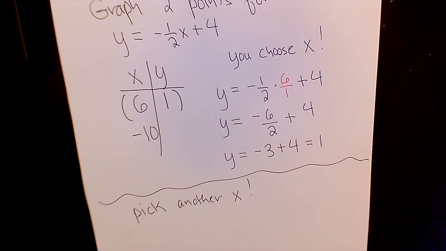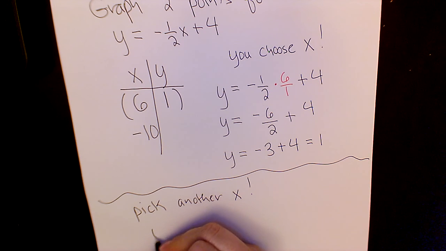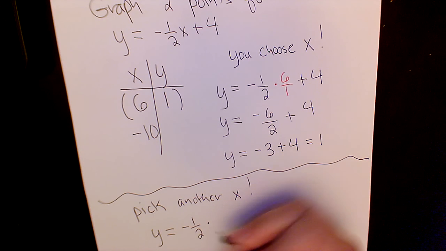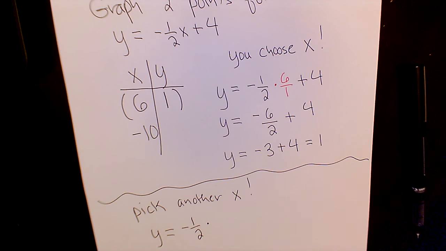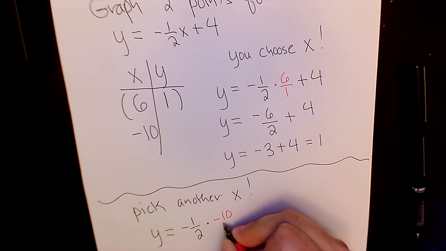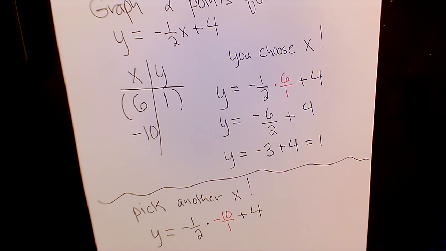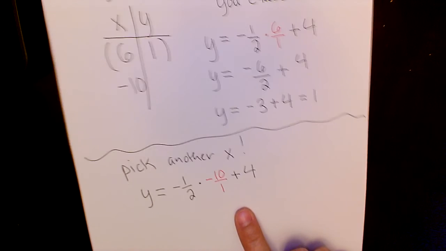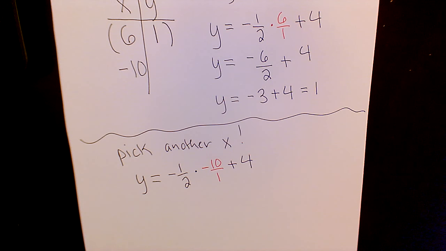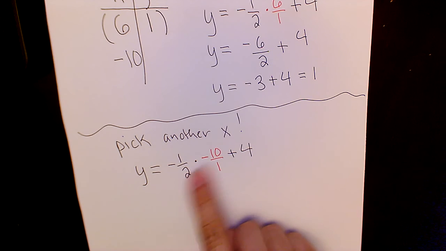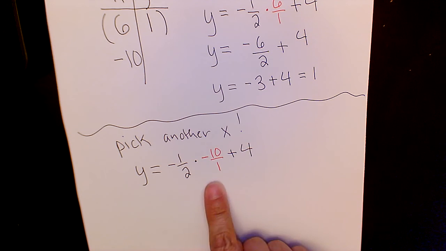Could we find y and get the full point? So again, I'm going to write my equation, and in for the x, I'm going to put -10/1 plus 4. I'm just following the equation that we have been using. So here I can cancel the 2 with the 10, or I can multiply straight across.